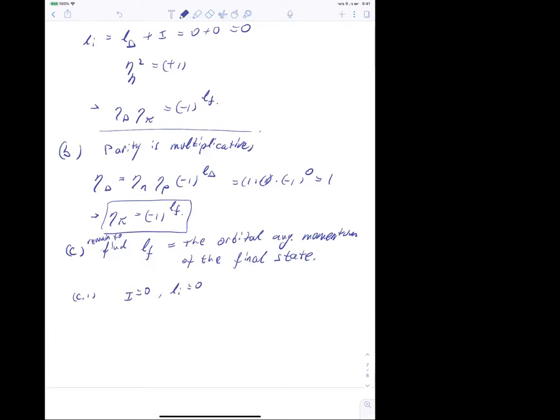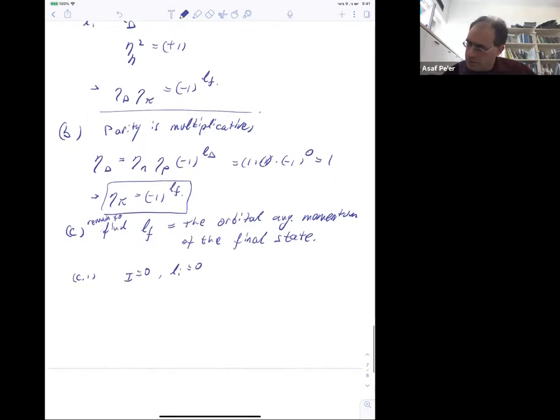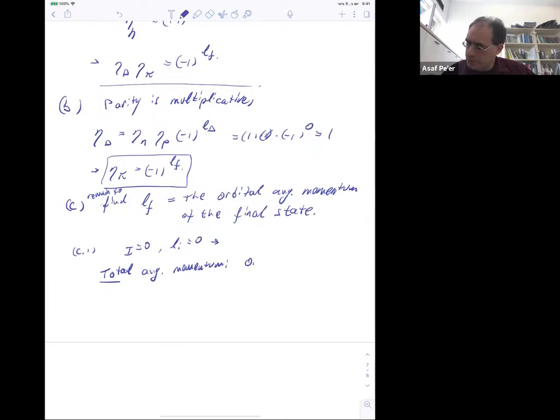So the total angular momentum in the initial state, this means the orbital plus spin, the total angular momentum J_i is J deuterium plus J pion.